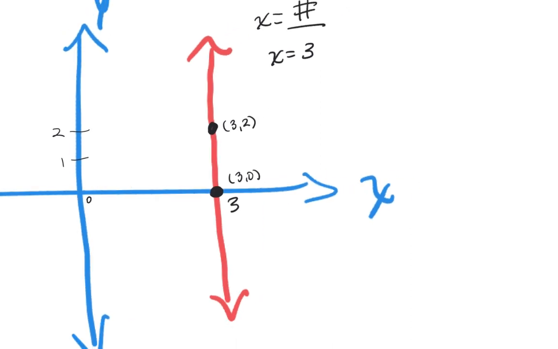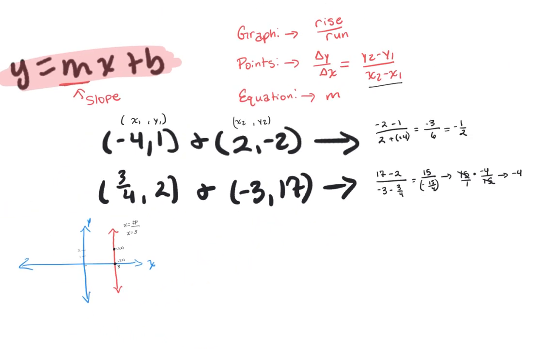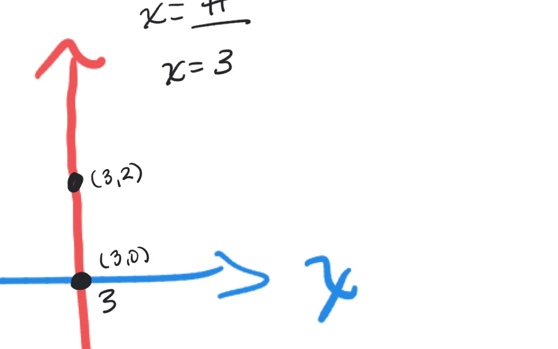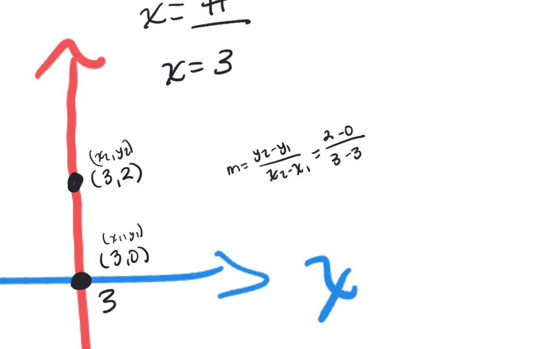Now, if we were to use our point formula that we used up here, let's call this x2, y2, and we'll call this our x1, y1. So our m is y2 minus y1 over x2 minus x1, and we plugged all these points in, you'd end up with 2 minus 0 over 3 minus 3, which gets you 2 over 0. You cannot have this, which means that this is undefined.